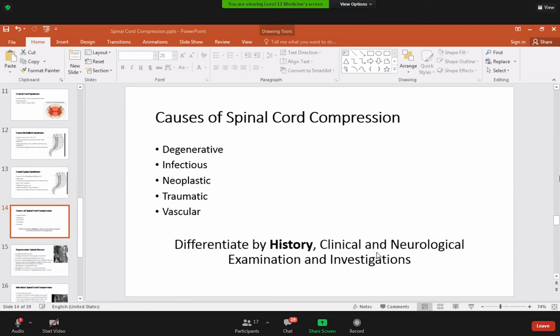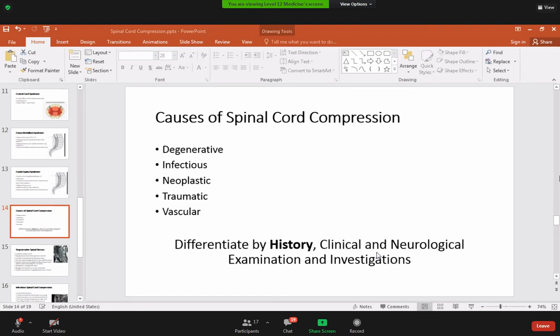Now, the causes of spinal cord compression can be degenerative, because of age-related changes, because of the degeneration. These could be infectious. These could be neoplastic or malignant in origin, malignant or benign neoplastic conditions. This could be secondary to trauma, or because of vascular tumors or vascular problems.